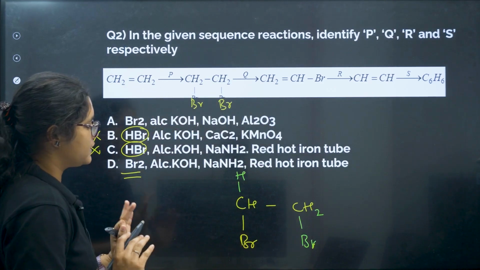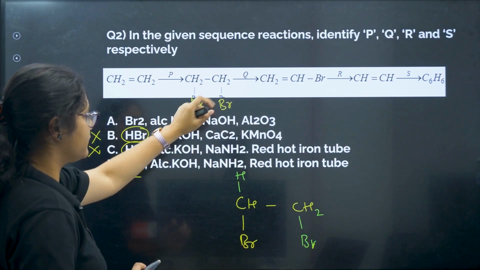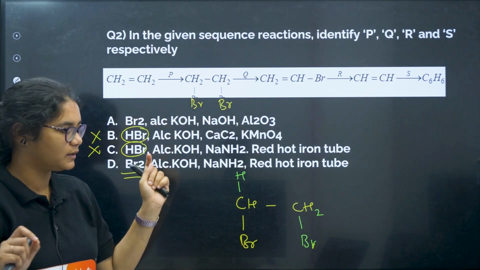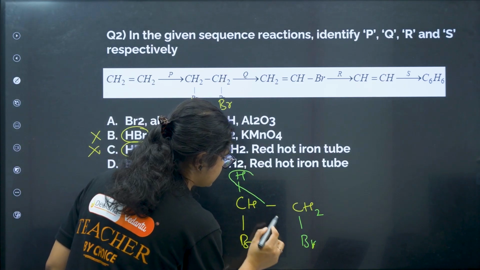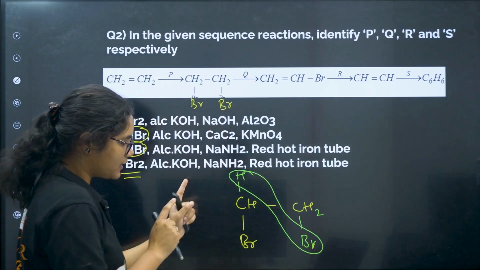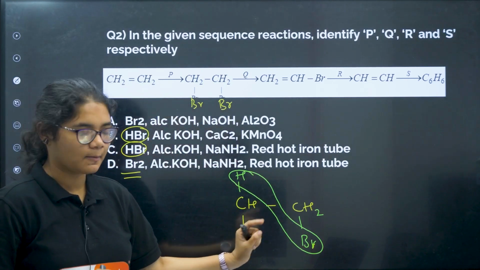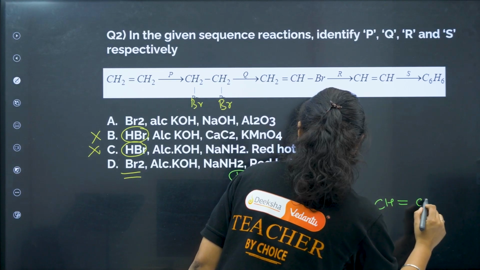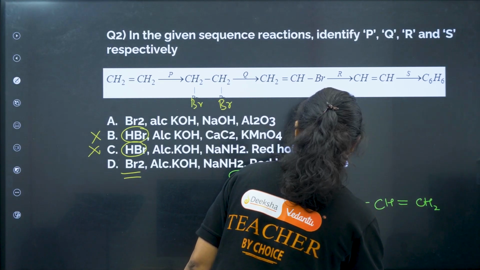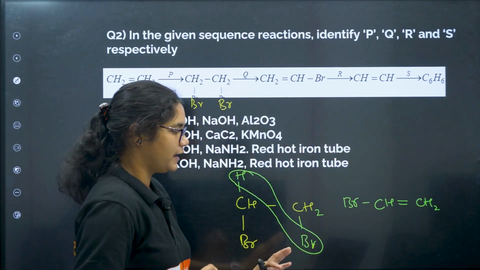So now what is happening here? When you give this Q, we don't know whatever it is, but once we give this, what is happening? One HBr is removed. Okay, if one HBr is removed, one double bond will come. So the product we'll be getting here is CH double bond CH2 and we'll have one Br, right?